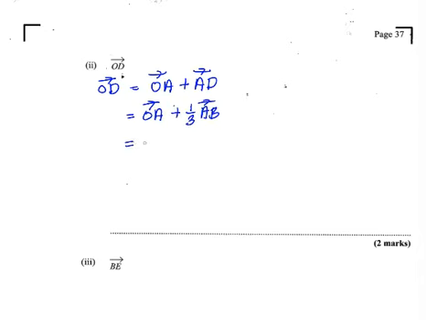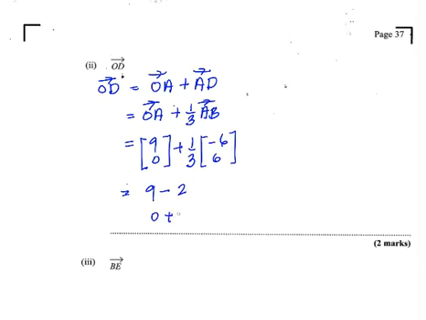So OA is (9, 0) plus now 1/3 of the vector AB, which is (-6, 6). So this is going to be 9 minus 2, because 1/3 of minus 6 is minus 2, and 0 plus 2.